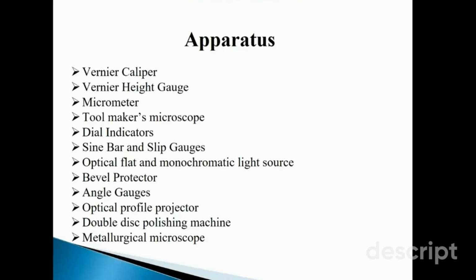That surface you can visualize under this microscope, which is our metallurgical microscope, used to see the microstructure, grain size, and all the metallography studies for a particular specimen. These are some basic apparatus, and apart from these we have some sophisticated instruments which I am not going to discuss here, but you will have the chance to see all those equipments when you enter my lab.